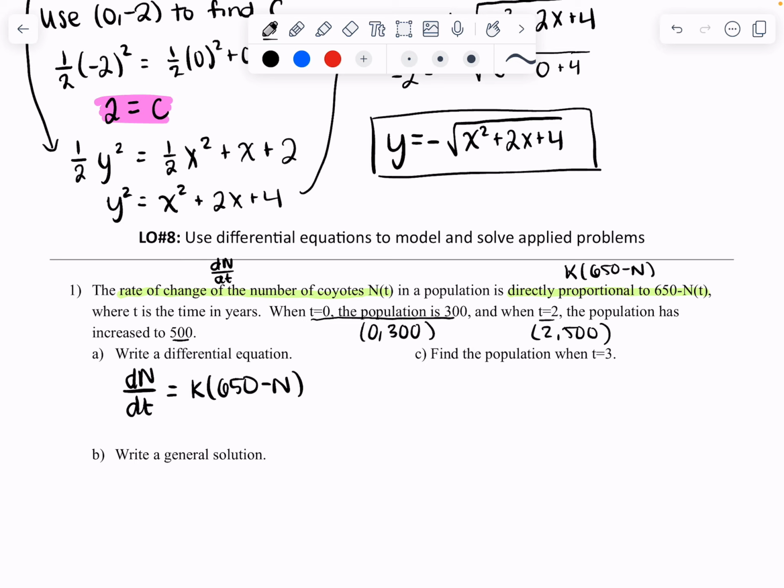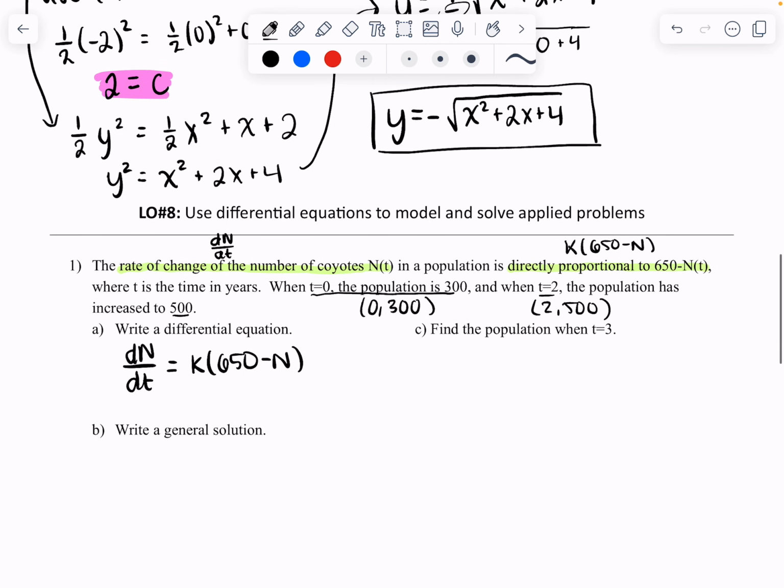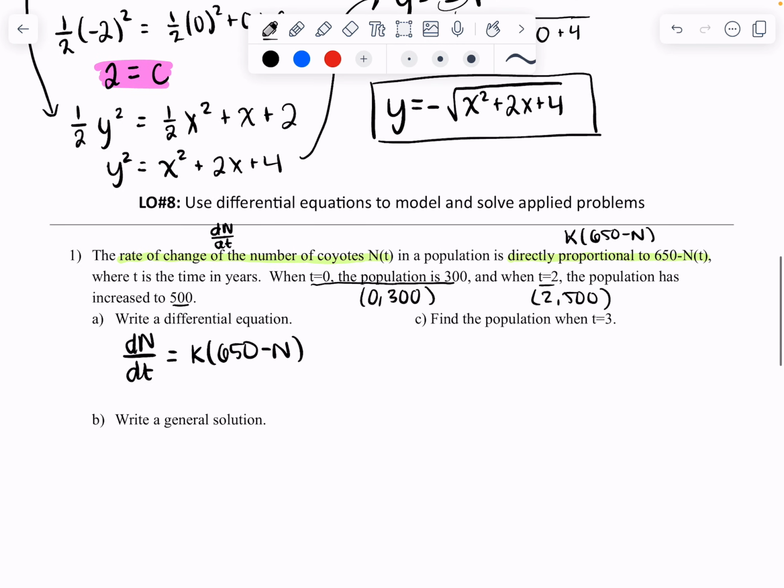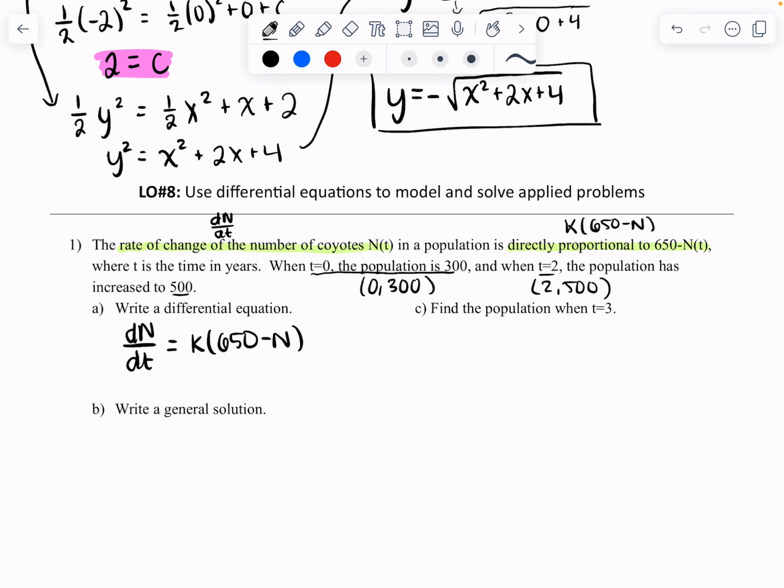Now we want to solve it. So if you recall, last time we talked about if you had the rate of change of y, maybe I can write it off to the side. If we had the rate of change of y equals ky, we said that the general solution would be y equals c times e to the kt, and you could get there without doing any work.